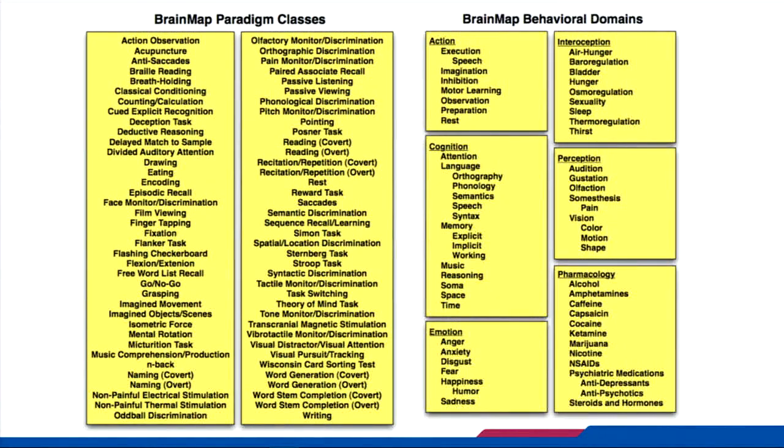These are, as I mentioned, the two critical pieces of information. One is the paradigm class that basically describes what has been done, what kind of experiment the people were running. And the second, the behavioral domain, really codes the contrast. So you could have an experiment, let's say on the go, no-go task. Paradigm class would be go, no-go.